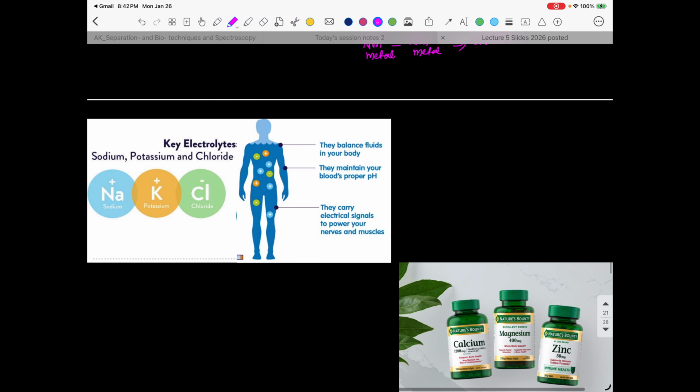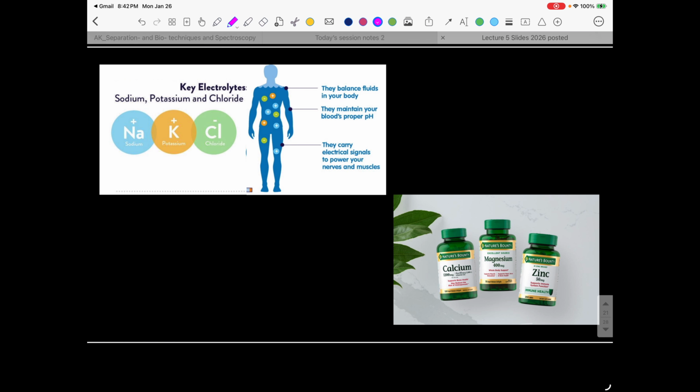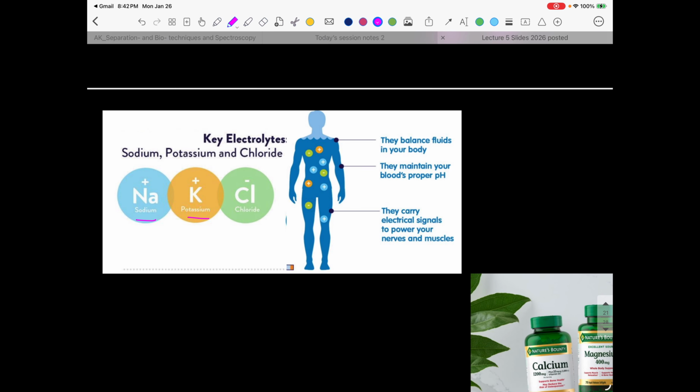But before that, let's look at why these ions are important, especially in a biological setting. So we have these ions, sodium, potassium, and chloride. These are present in significant concentration compared to any other ion in the body. So sodium and potassium, as we had discussed previously, are important for maintaining the electrical conduction.